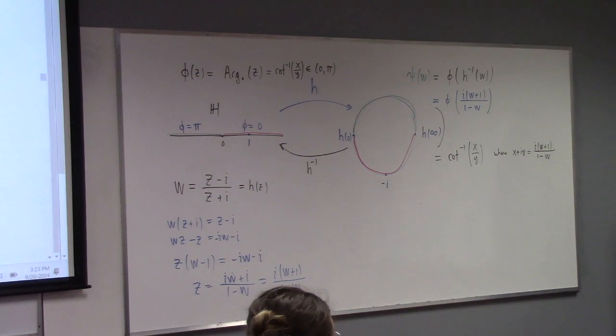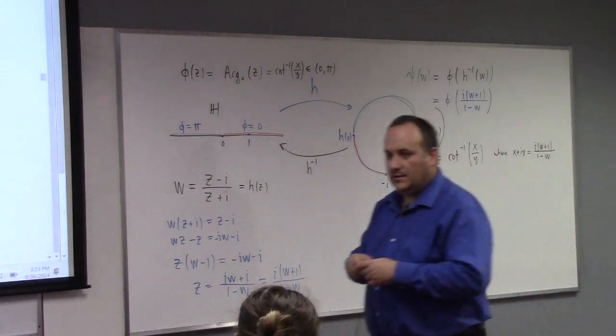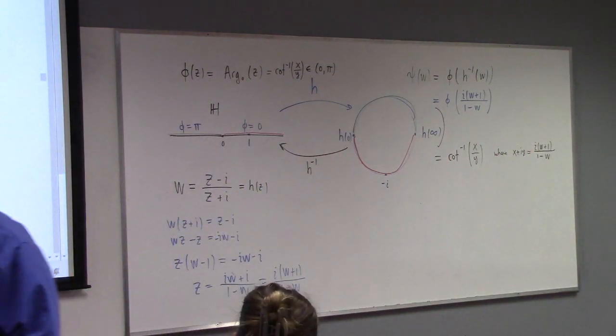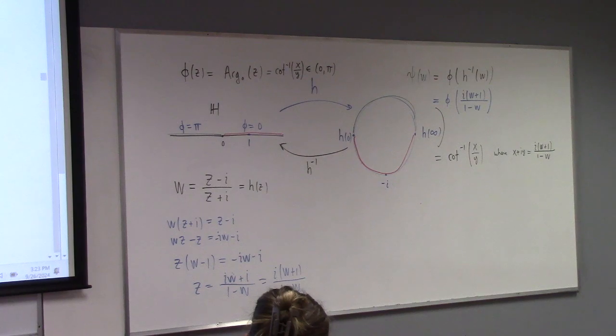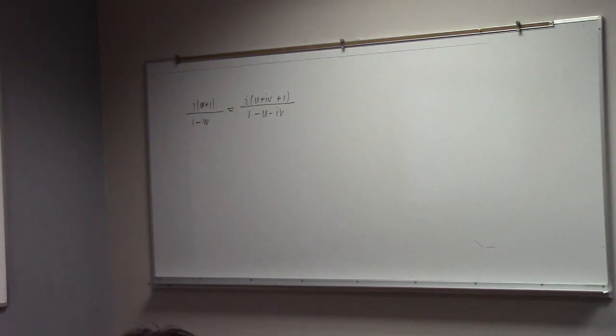So that's I times U plus IV plus 1 divided by 1 minus U minus IV. You gotta make the denominator behave. How should we make that happen? So we multiply by the conjugate, right?